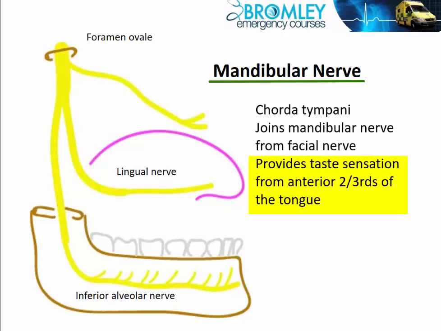So it provides the taste sensation from the anterior 2/3 of the tongue. We'll talk about the back of the tongue shortly, but the chorda tympani is taste sensation, not somatic sensation, touch, heat, etc. Those all come from the normal somatic sensation within the lingual nerve. But the chorda tympani does the taste for the front of the tongue.